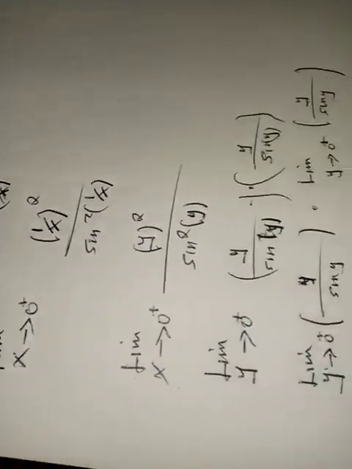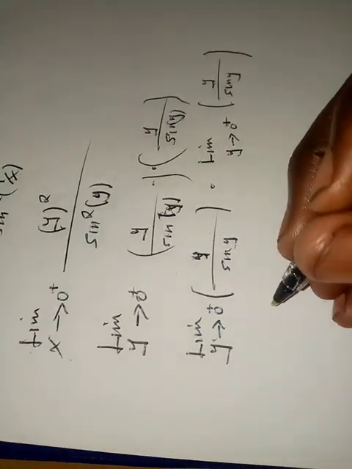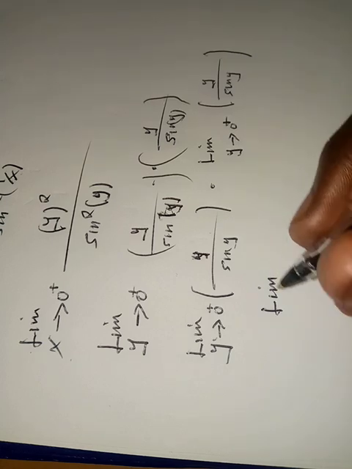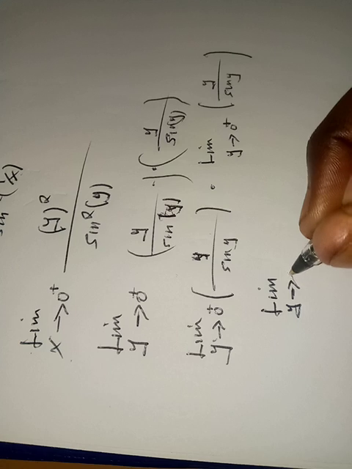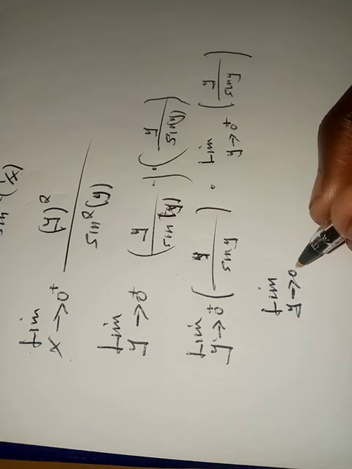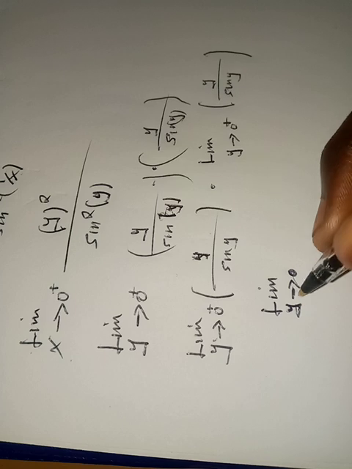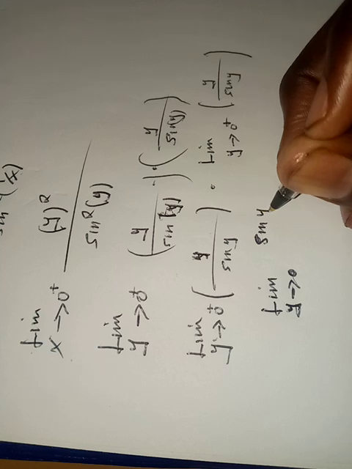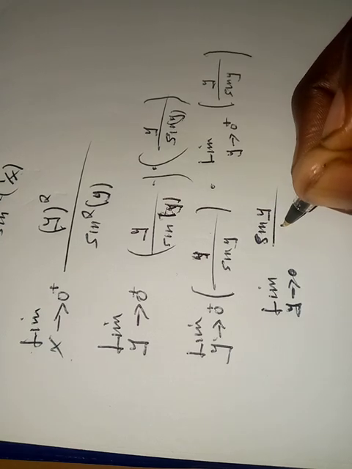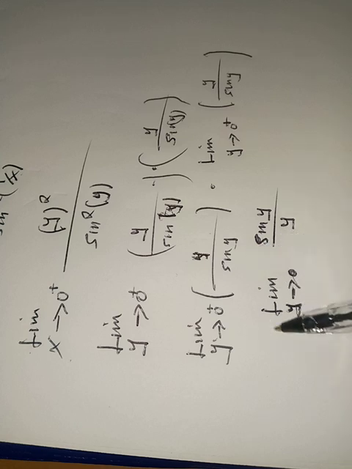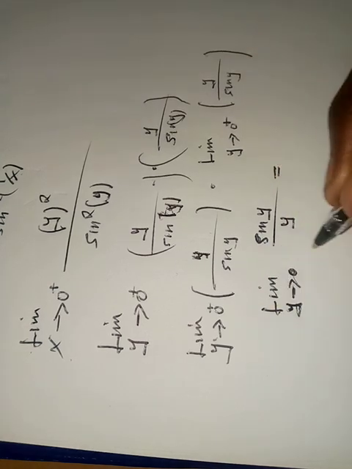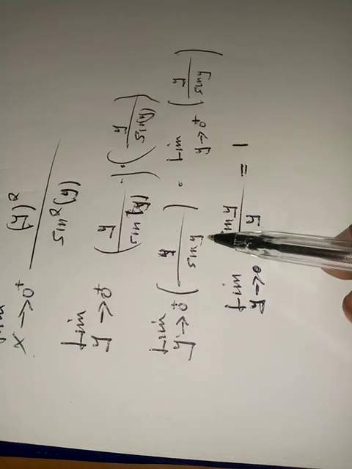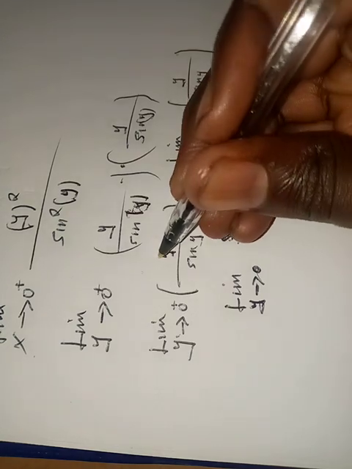It's just a standard: if you have the limit of a letter, in this case y, as y approaches 0, and you have a sine of that letter, y, over y, not always x but here we've got y, then the whole of this expression simply equals 1.